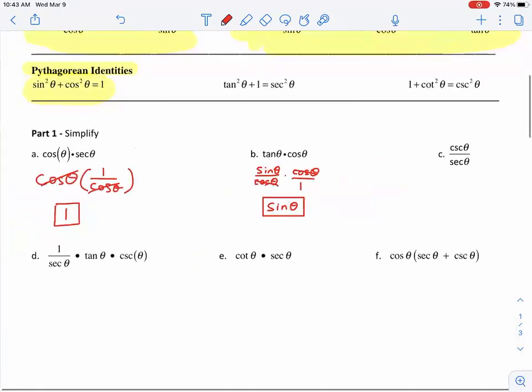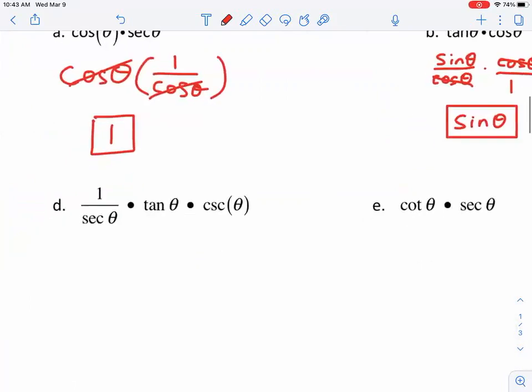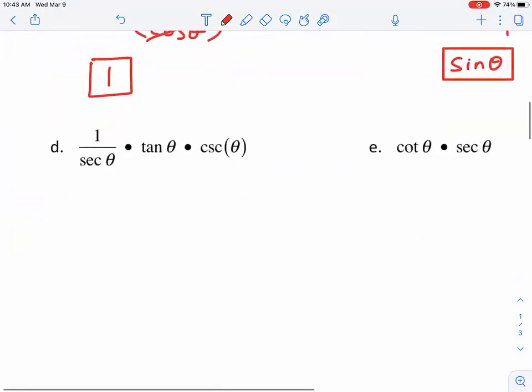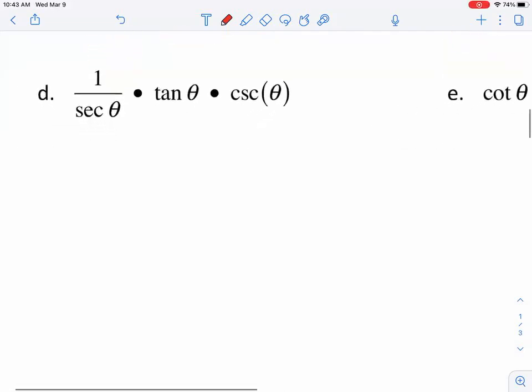All right, I'm going to do D next, and we'll come back to C, but let's do D. I want to write things in terms of sines and cosines, and none of them are right now. I know that the secant is the cosine flipped over. So 1 over the secant is cosine. Okay, or I could write it as cosine over 1. The tangent, remember, is sine over cosine.